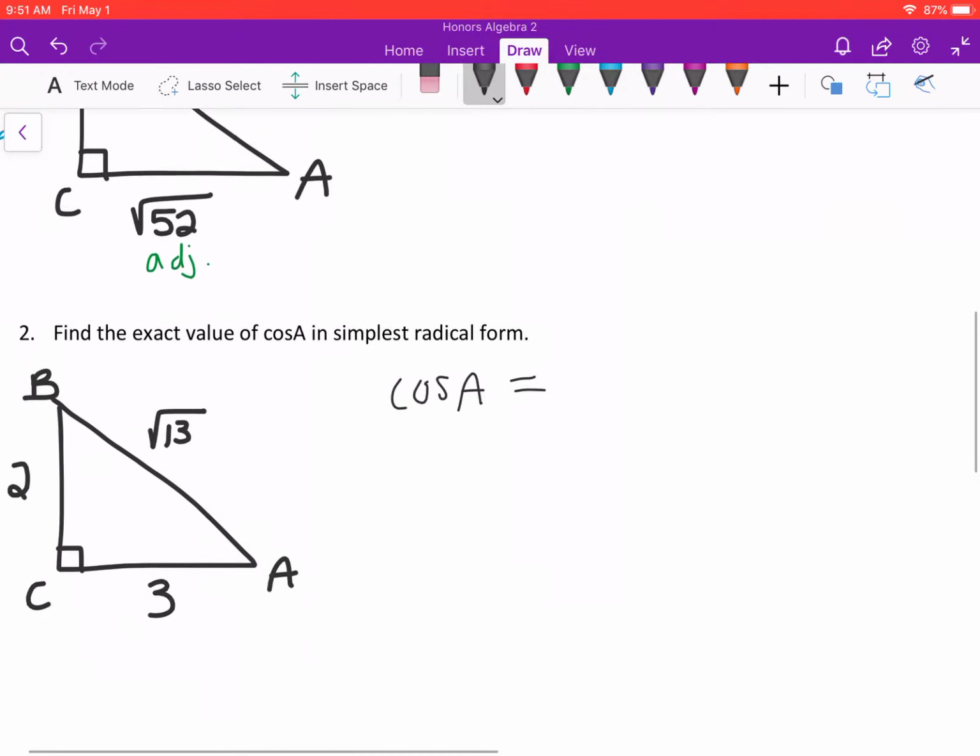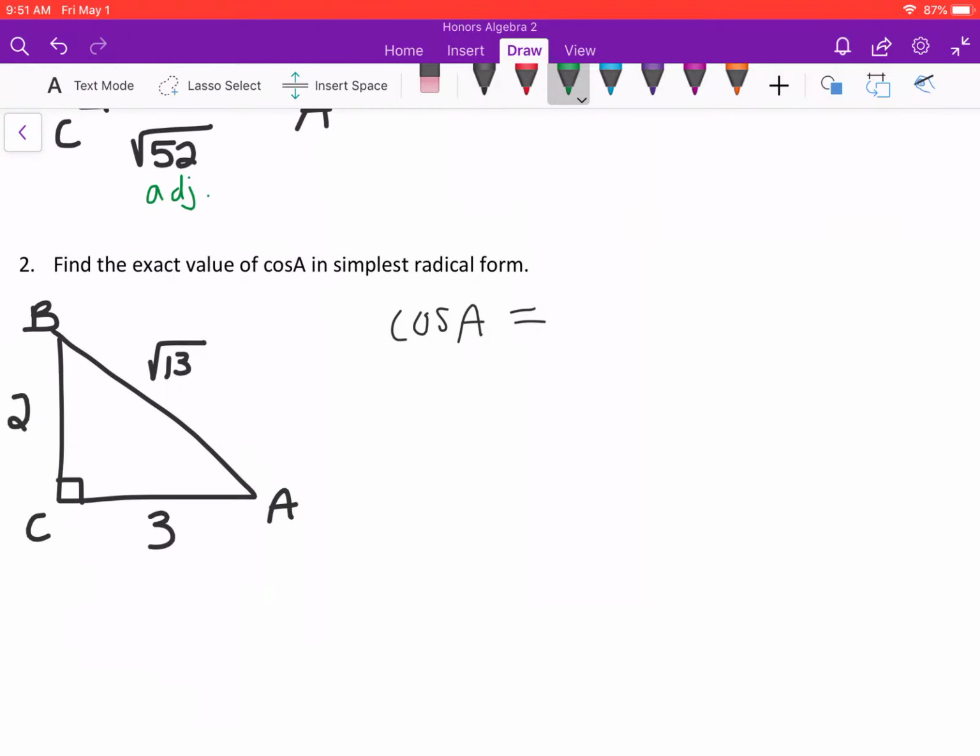I'm going to write that down again. Adjacent over hypotenuse. Remember that your hypotenuse is right here, and your adjacent side is the other side that's next to angle A, so right down here.